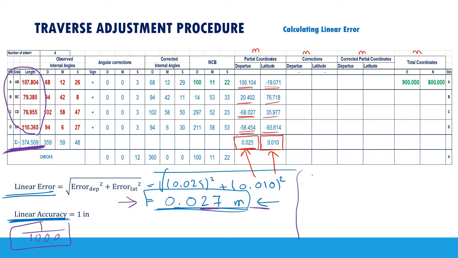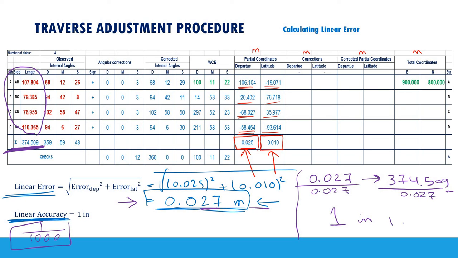So the error is 0.027 for a distance of 374.509 meters. Now to convert this to the form 1 to something, I will divide this by 0.027 to convert it into 1, and I will divide this by 0.027 as well, and in this case it would be 1387.